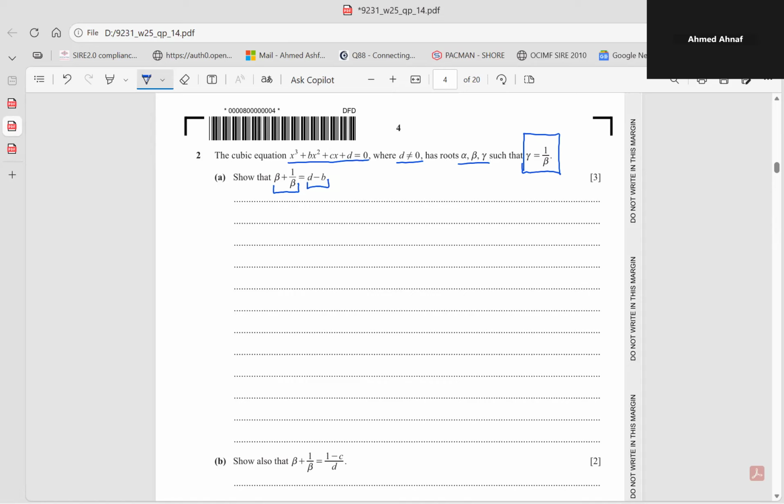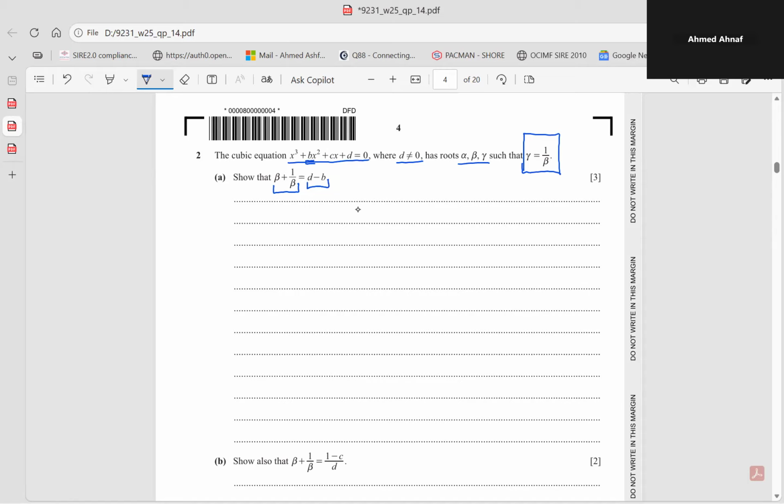So for b first, since b is the coefficient of the term whose power is 1 less than the degree of this equation, which is 3.